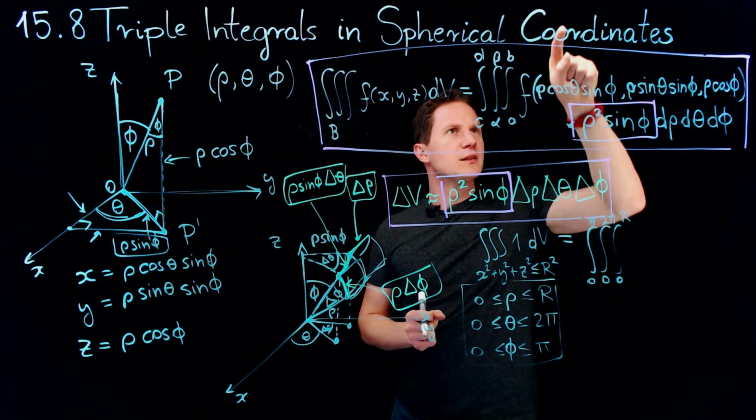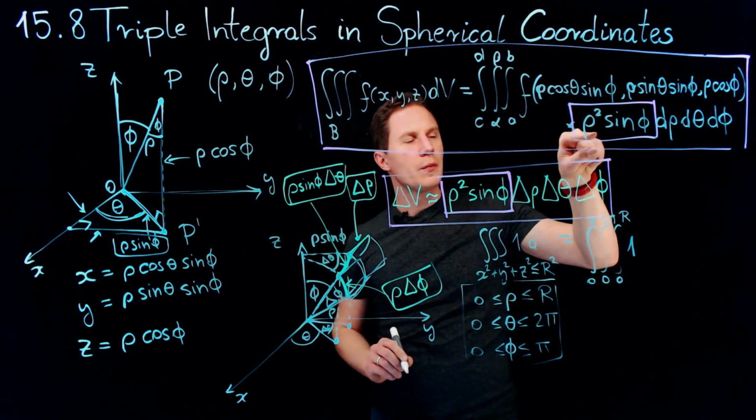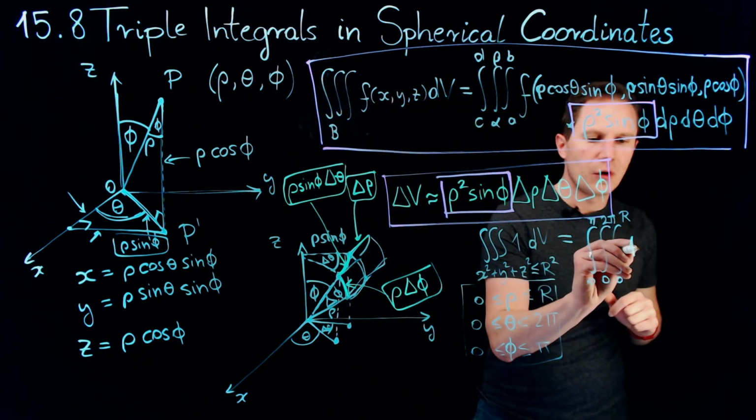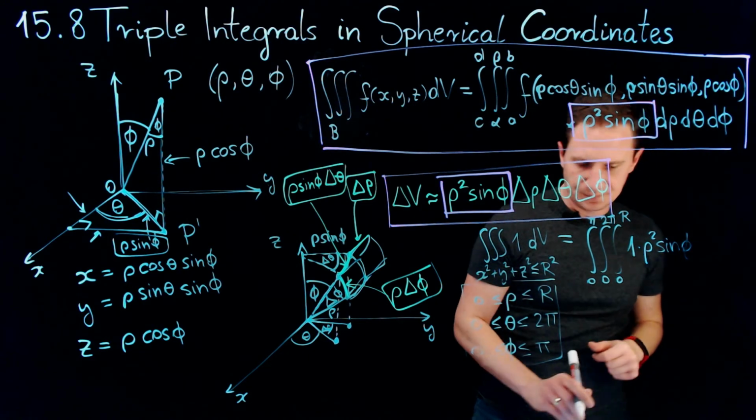And now it's the constant function 1 that we are integrating, but remember, when we go to spherical coordinates, we get this extra factor of rho squared times the sine of phi.